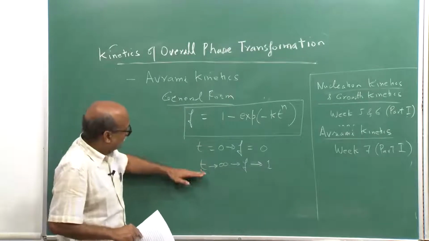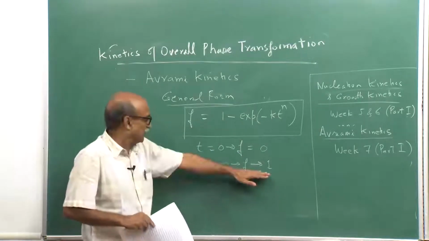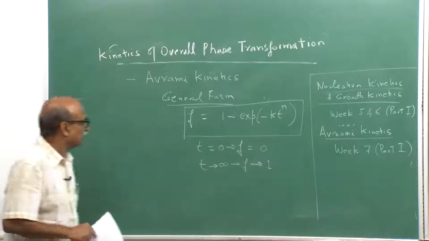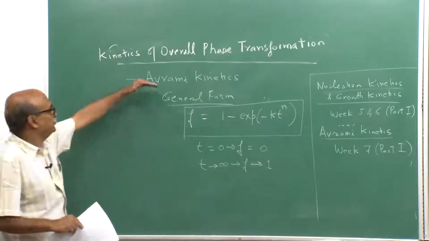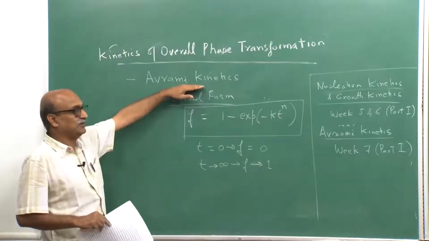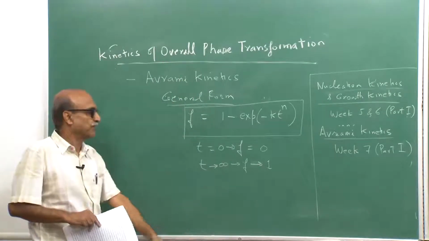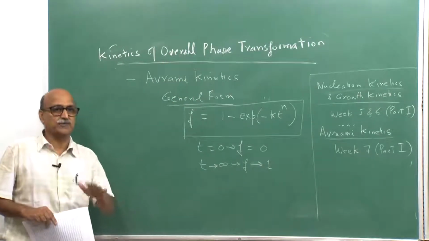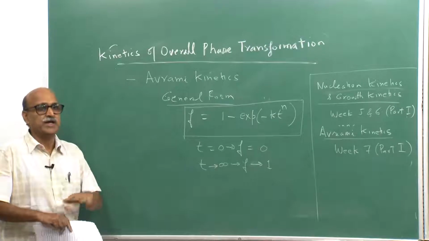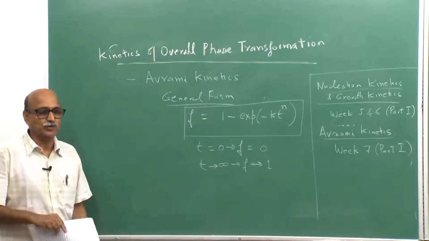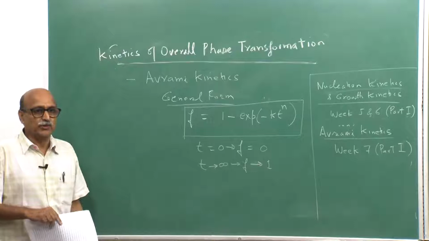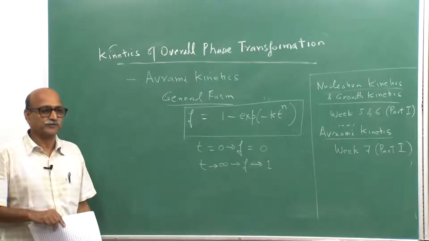So, we will see how the fraction approaches 1 as time progresses, and then using the Avrami kinetics, we will come to the important topic of time, temperature, transformation diagram, and then following that we will come to continuous cooling transformation diagram. We will stop here.